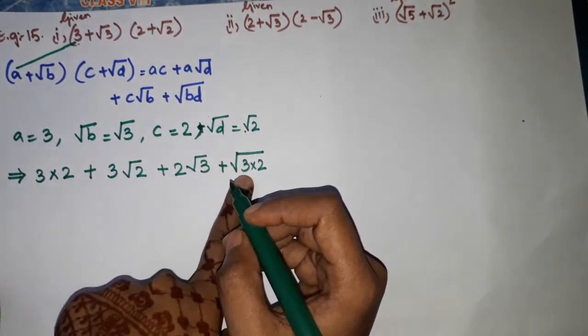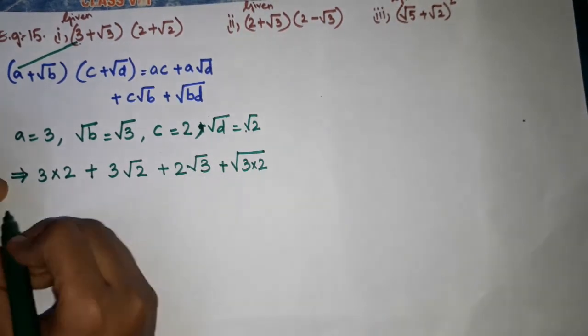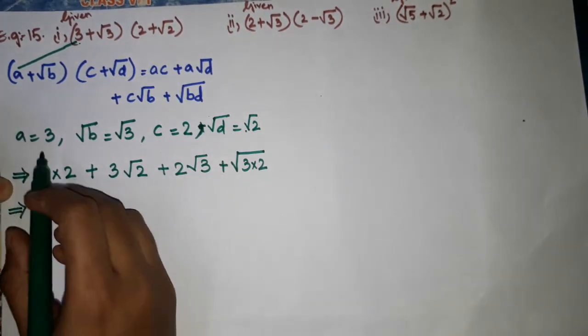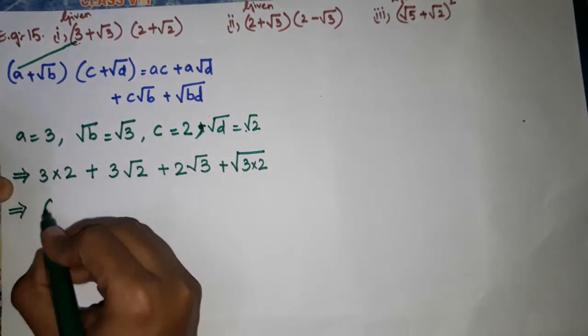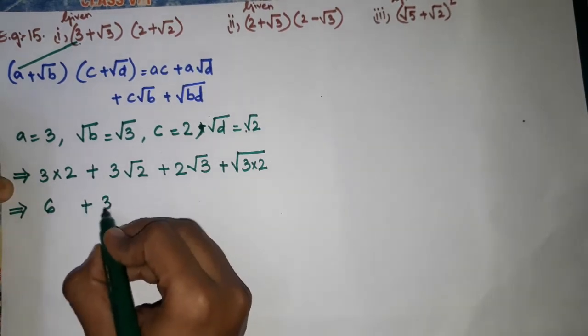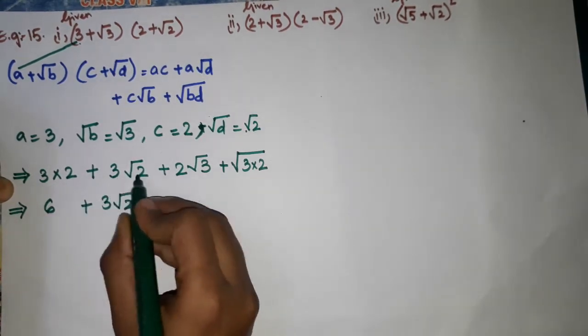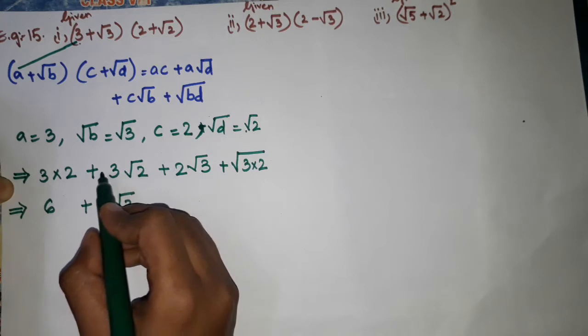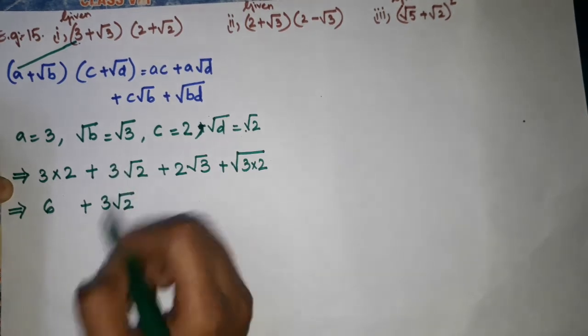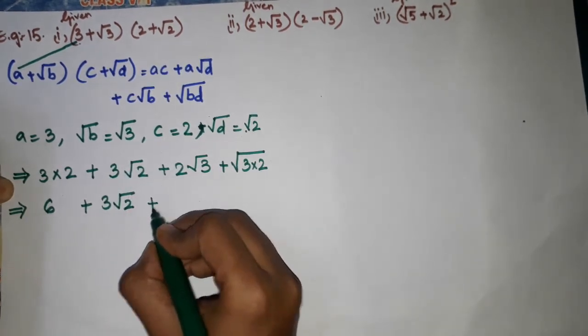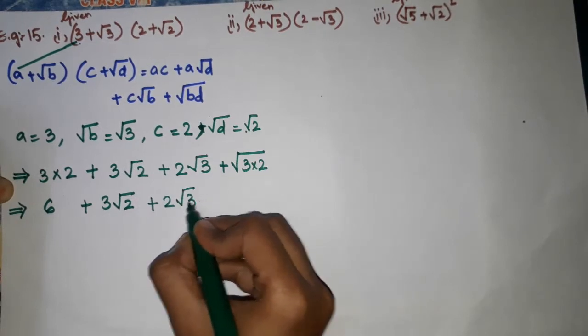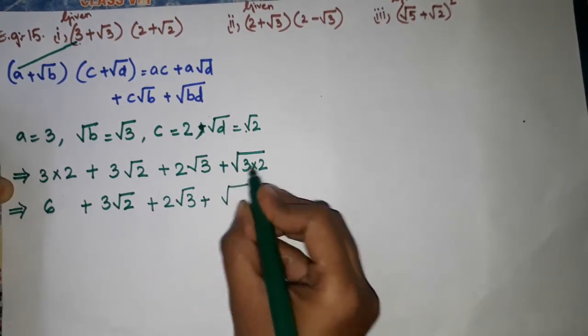So 3 into 2. Now 3 twos are 6, plus 3 root 2. As it is we cannot multiply, because if you want to multiply, 3 should have a root, then only we can multiply. Plus 2 root 3 plus root 3 twos are 6, that is root 6.